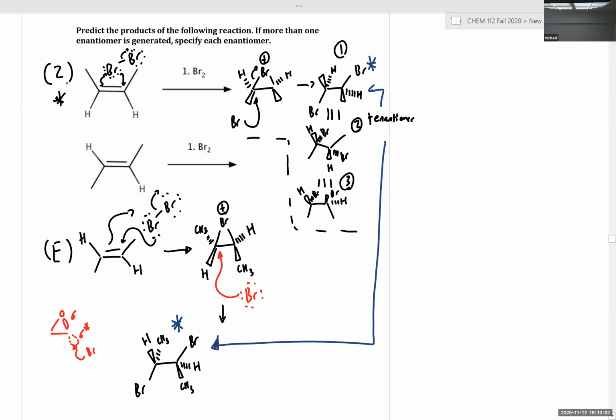The dibromination products, if you have a different alkene stereochemistry, will be diastereomers or diastereoisomers. They have the opposite configuration at one stereocenter. Does everyone see how only one stereocenter is different?